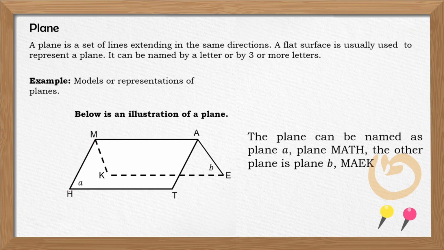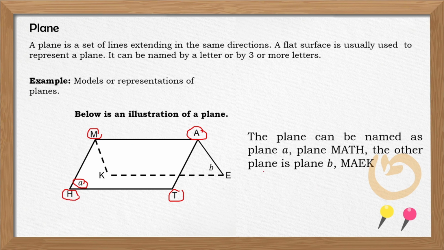We can name it as plane A, as it has a small letter A here. Or we can also name it as plane MATH. So that is the name of this plane.